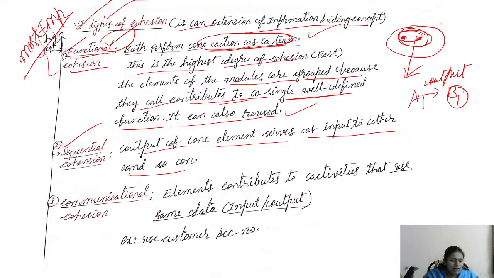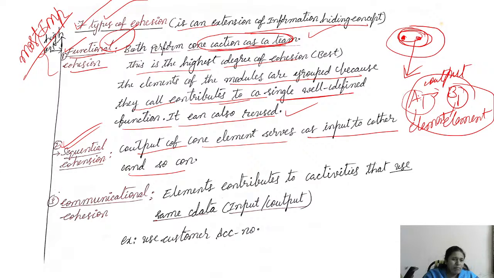This one has to wait. This element B1 is depending on the element A1. That's why these two are grouped. This is called sequential cohesion. One after another is doing their job.